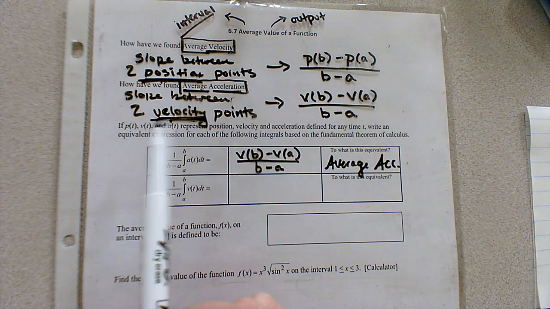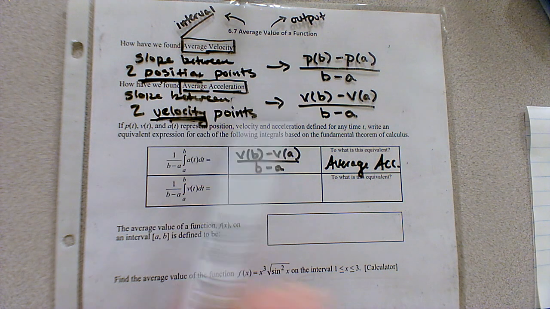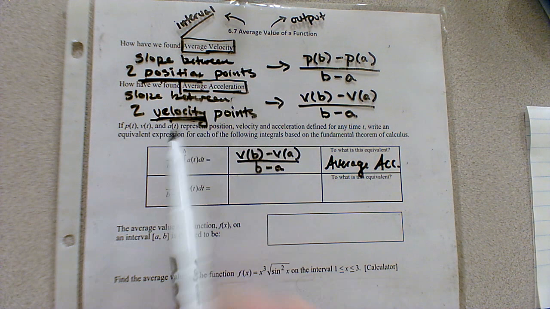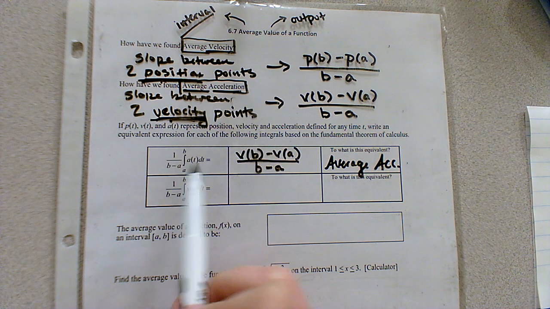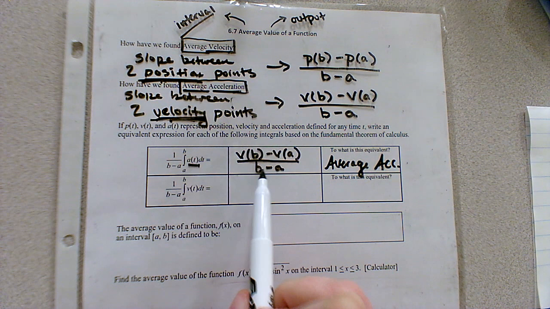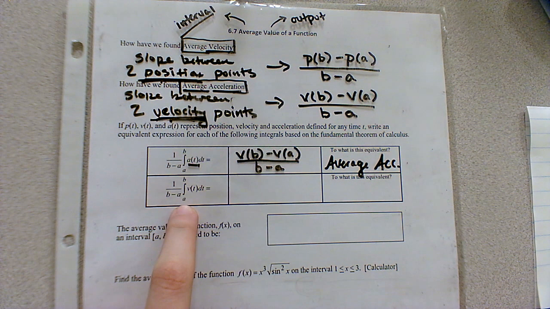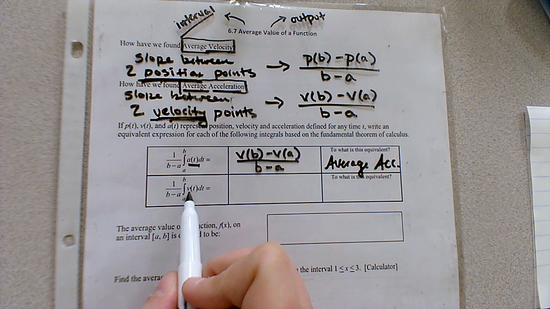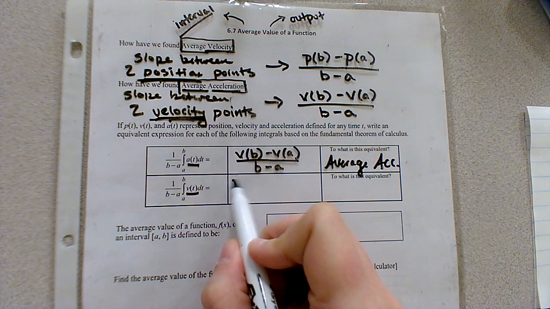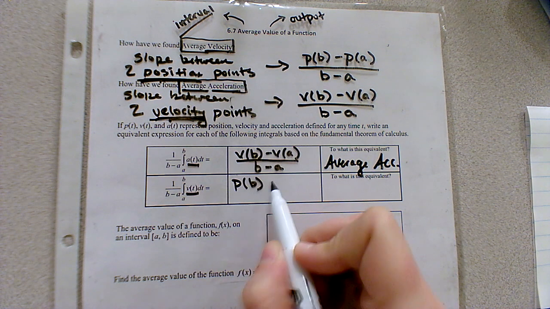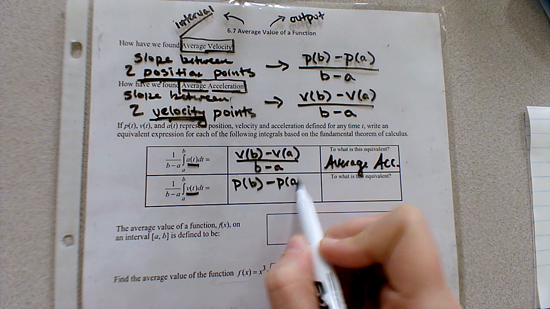So instead of using 2 points on velocity to help us find acceleration, we could integrate the acceleration function, if we had that available to us, and divide by the change in the bounds, or the difference of the bounds. Very similarly, we can do something for velocity. If I work backwards from velocity, that's going to give me position, so top bound minus bottom bound.